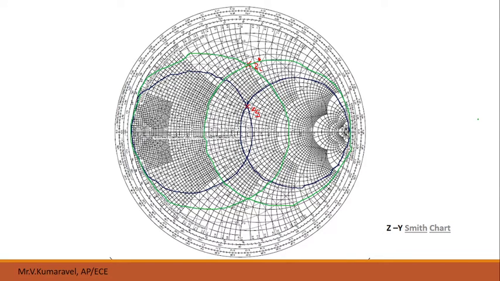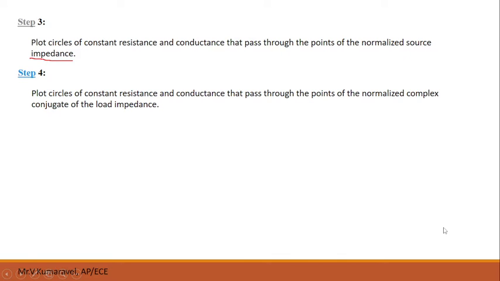Now we have drawn the resistance and conductance circles that pass through the source impedance ZS, and similarly the resistance and conductance circles that pass through the conjugate of load impedance ZL. Now next step, step 5.